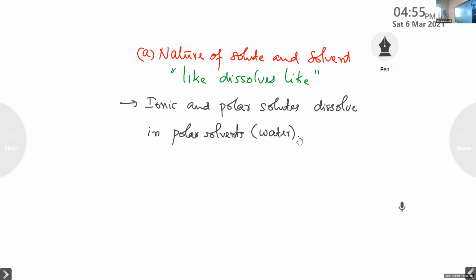Ionic and polar solutes are insoluble in non-polar solvents or covalent solvents.